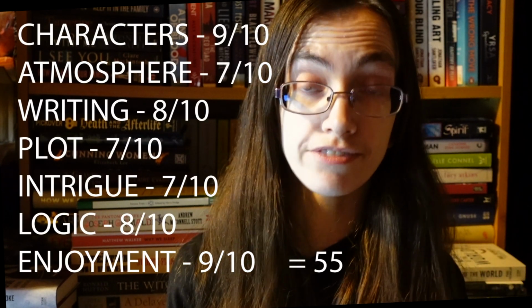So divide 55 by 7 and you end up with 7.86. To get your star rating, you divide that by 2, which gives you 3.93, rounded up, is 4 stars. So Firestarter by Stephen King got a 4-star rating. And that is how I use CAWPILE. That is how I rate my books.